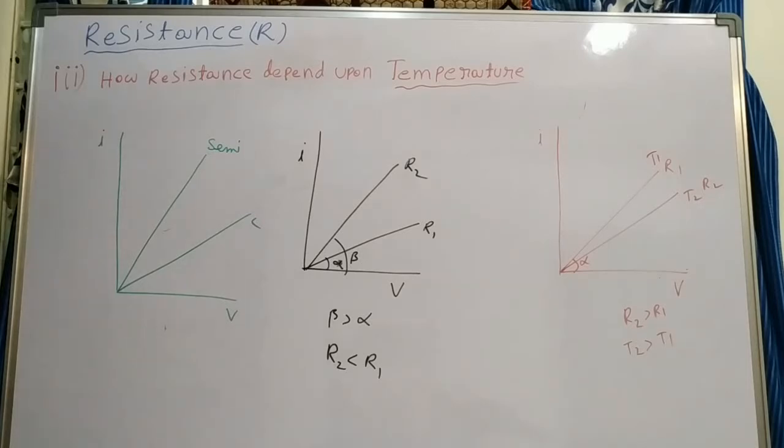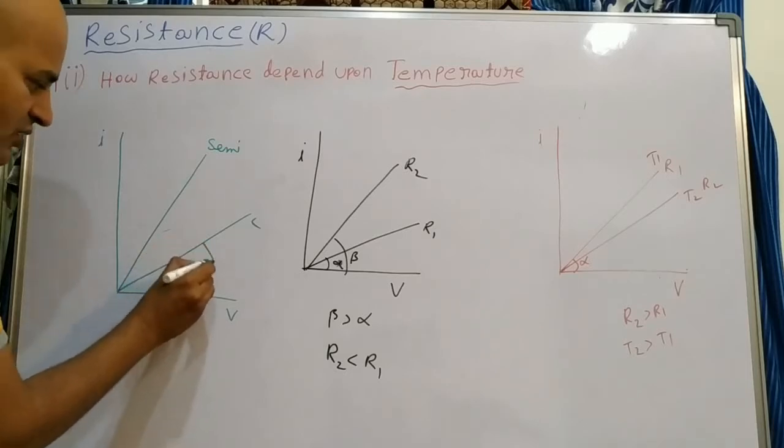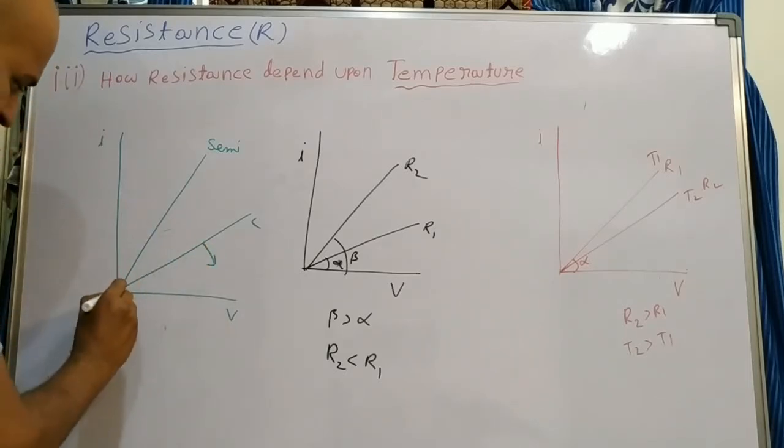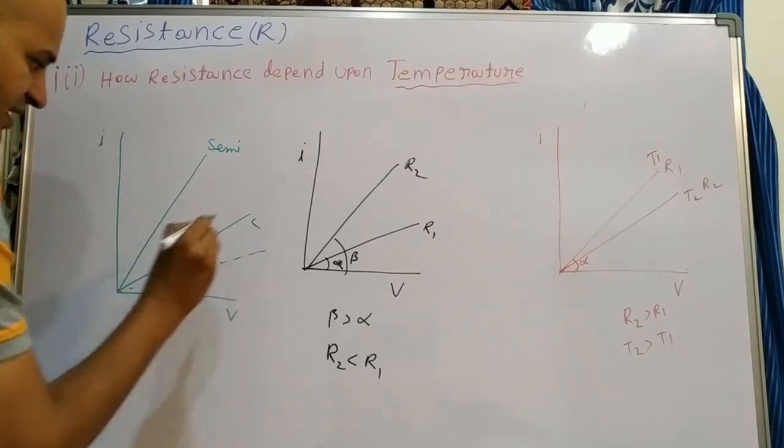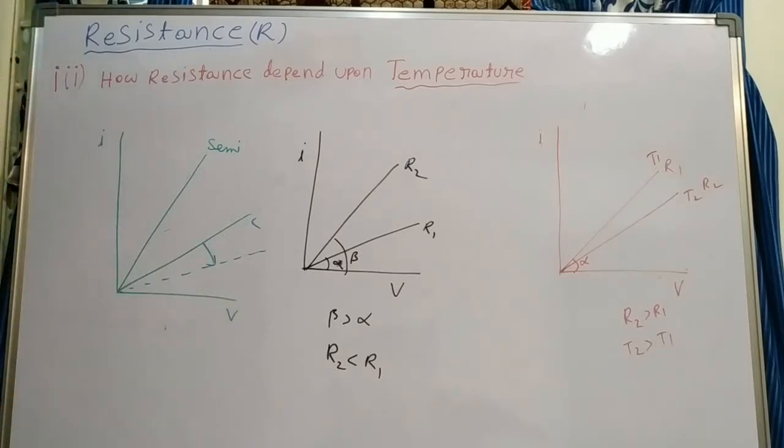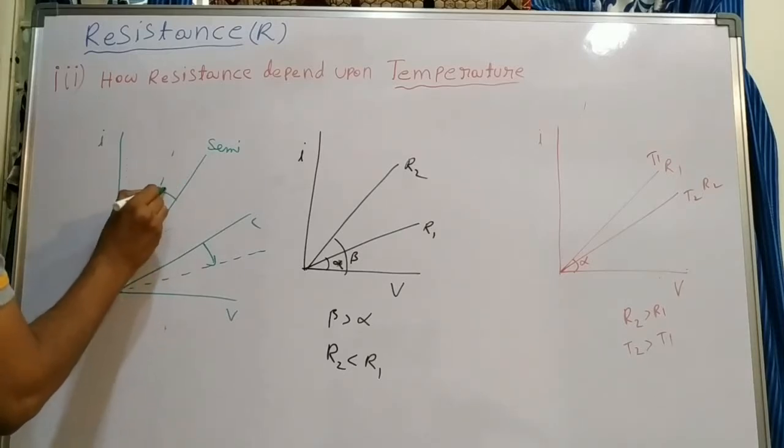For conductor, on increasing temperature, resistance increases, the slope decreases. So this graph is moving down like this. New position of the graph we are getting like this. But for semiconductor, what happened? On increasing temperature, resistance decreases. Due to that, slope increases. That graph is moving like this.